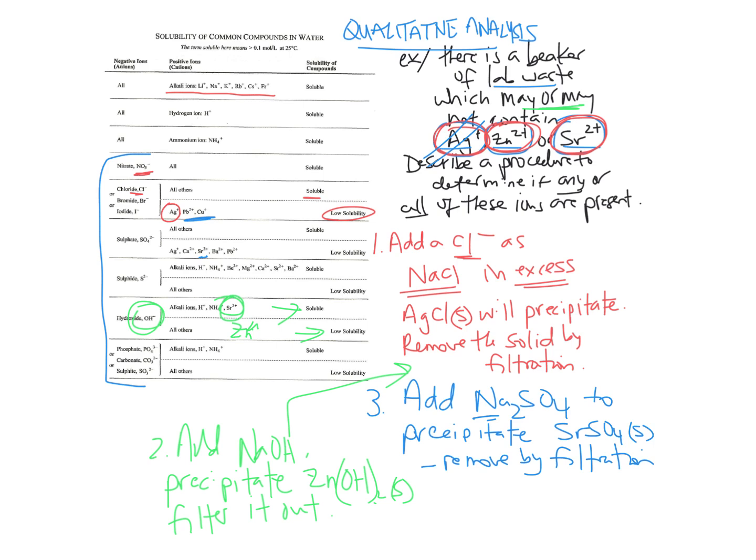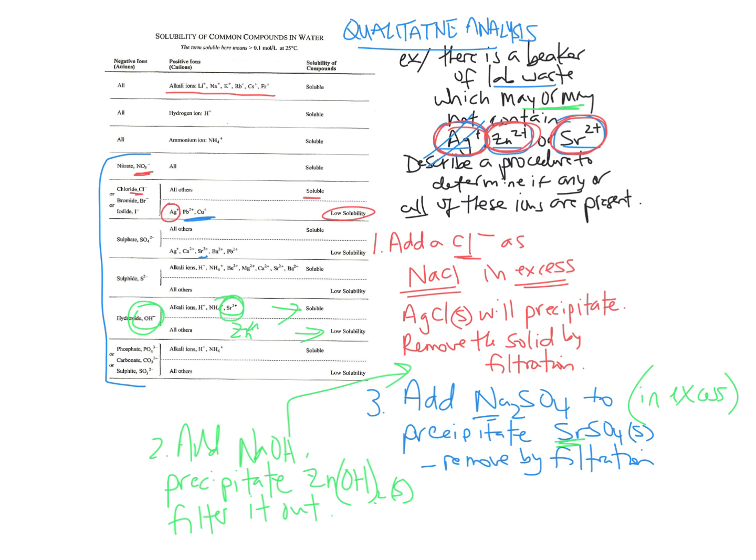That's true, because if all of the strontium was already gone as a sulfate, as long as you did it in excess here and you knew all the strontium was confidently gone, you could go ahead and add hydroxide then, and any hydroxide compound that came out would be zinc.